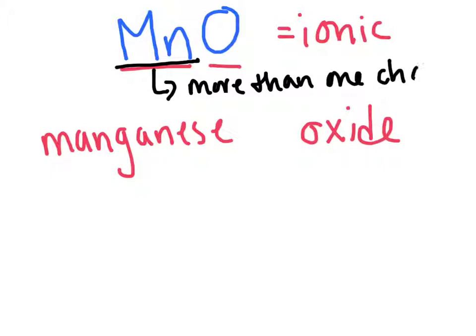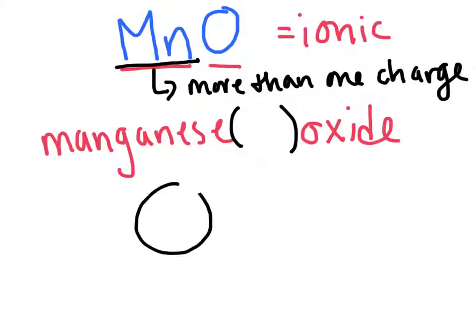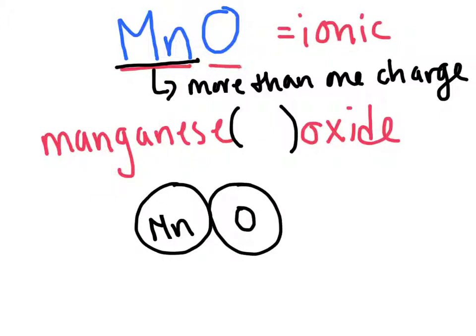Remember last lesson that we needed to put that charge in parentheses? But I have to do a little bit of work to figure out the charge of manganese. Well, what do I know? I know the ratio of elements: there's one manganese bonded to one oxygen, because the subscripts in the formula are 1 and 1. I also know for sure that the charge of oxygen has to be 2 minus.